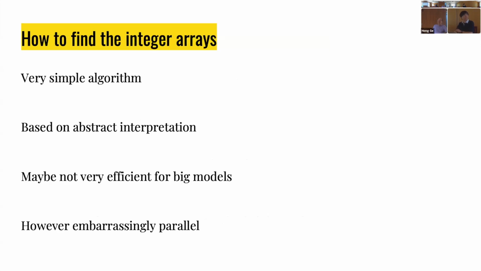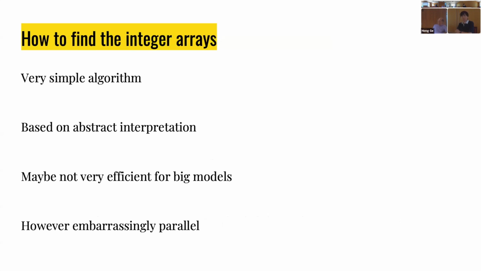Okay, next, please. So how would you find these integer arrays that allow you to do the conditioning? It's a very simple algorithm. You're sort of doing an abstract interpretation of the imperative code that you generated.